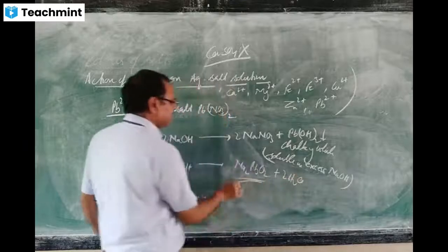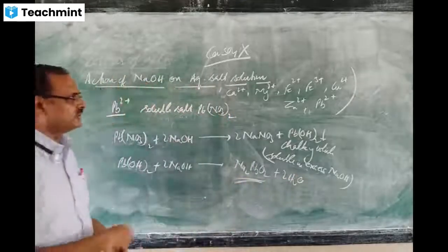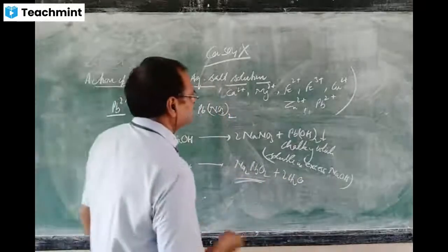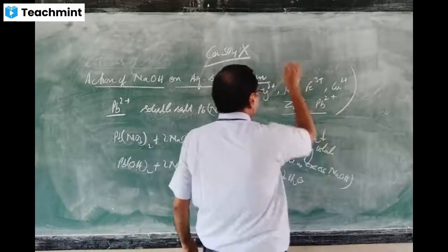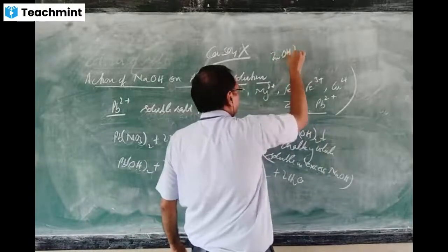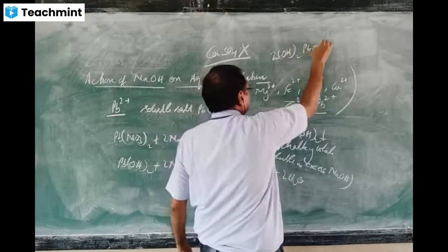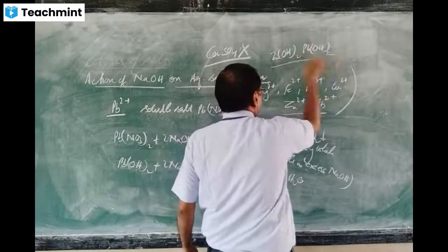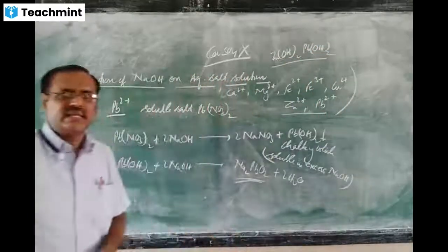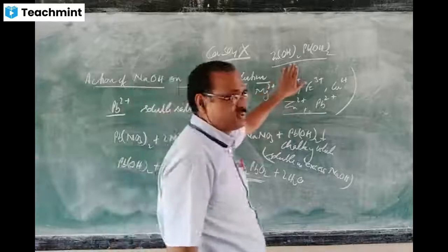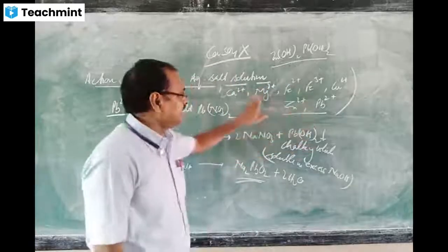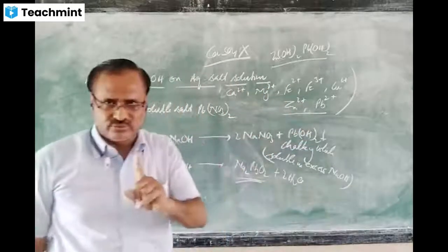Because of the formation of sodium plumbite, it is soluble. One thing to note: only zinc hydroxide and lead hydroxide are soluble in excess sodium hydroxide, and the rest of the hydroxides are insoluble.